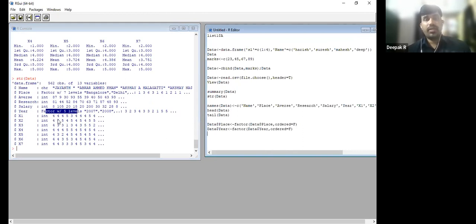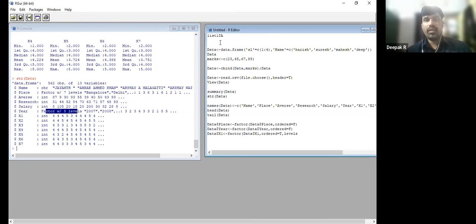If you have given a Likert scale, and it is considered as ordinal data, then we would like these observations to be converted into factors. So for data dollar x1, I want ordered to be true, with its levels.